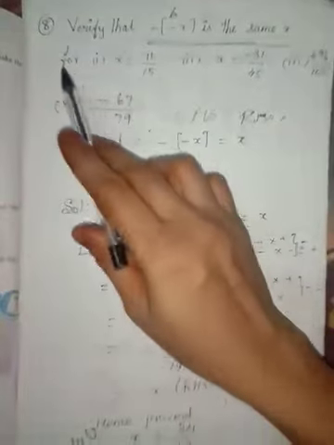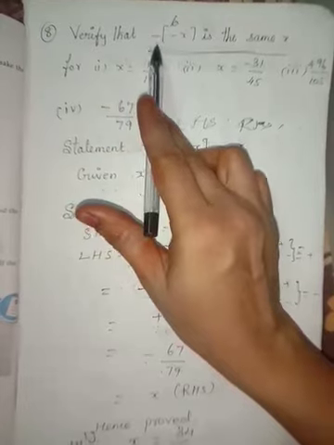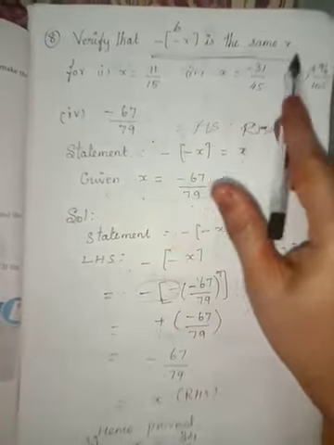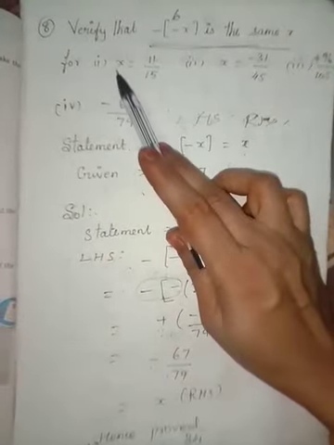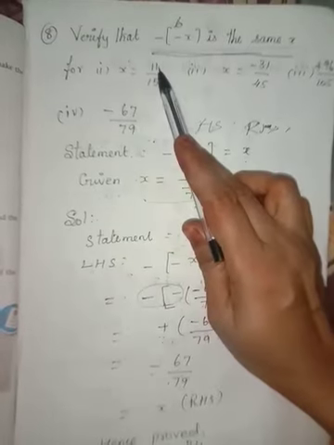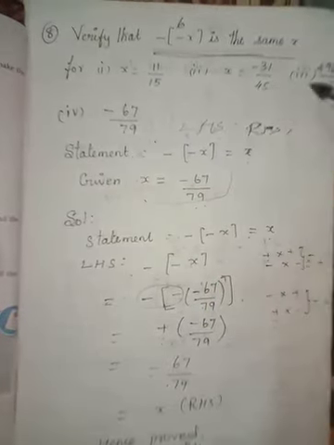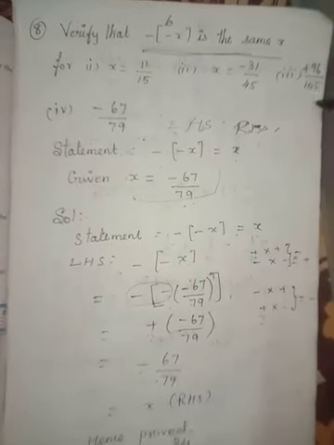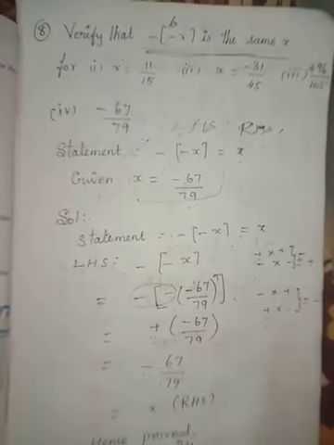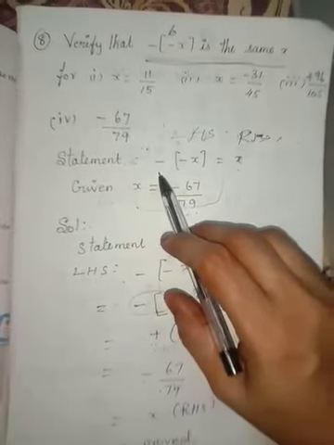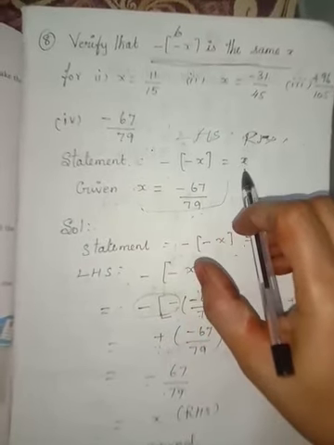Coming to this one, verify that minus of minus x is the same as x. For the first one x is equal to 11 by 15, the second one x is equal to minus 31 by 45, the third sum is 96 by 105. These sums I give myself. We have to prove that minus of minus x gives x.